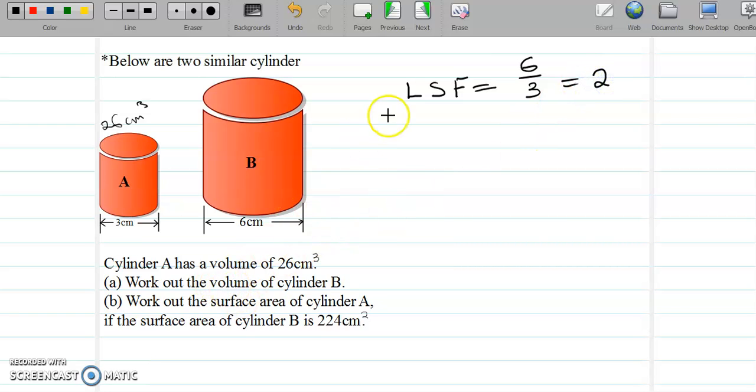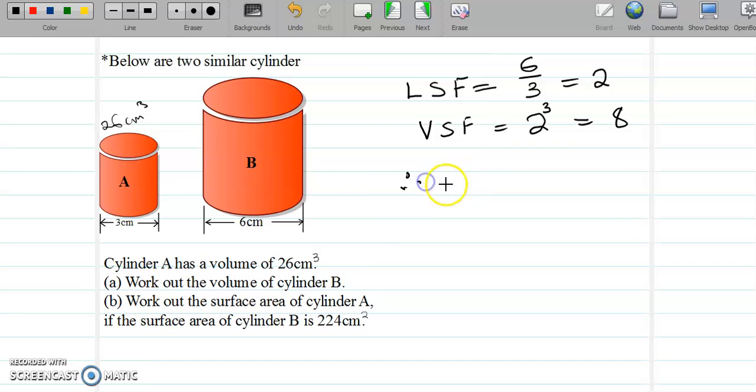So the volume scale factor will be 2 raised to power 3, because we are talking about volume. If it is area, it will be 2 raised to power 2. So the volume is 2 raised to power 3, which is 8. Okay.